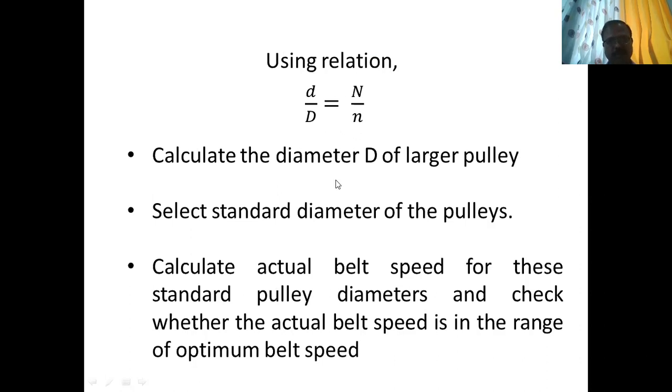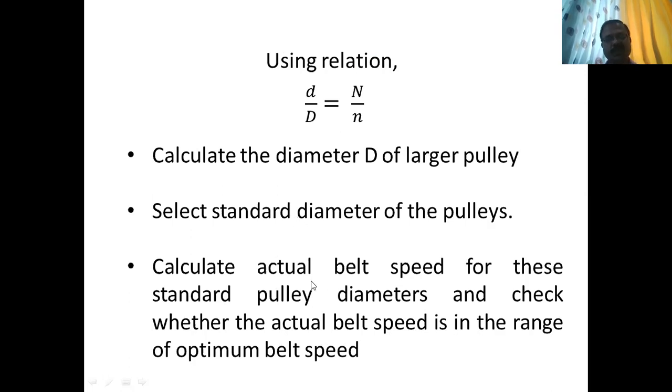Using this relation, we can calculate the value of capital D, the diameter of the larger pulley. The next step is to select the standard values of the diameter of pulleys. Once we round up those values, we can calculate the actual belt speed for the selected standard pulley diameters, and then check whether the actual belt speed is in the range of optimum belt speed which we selected in the earlier stages.